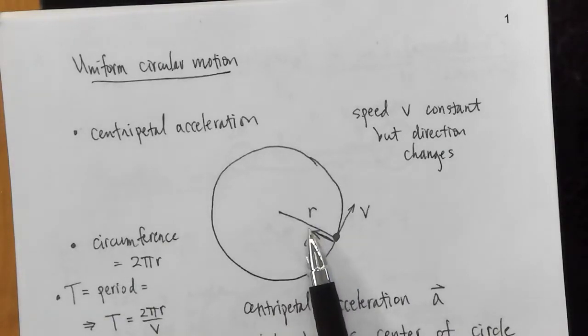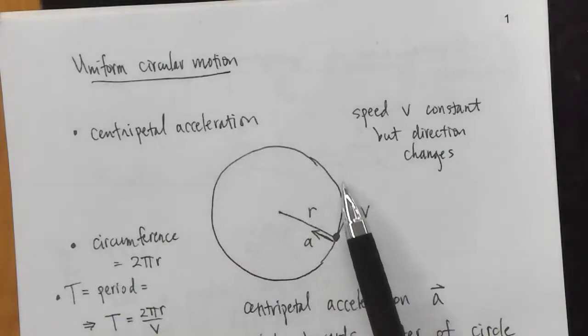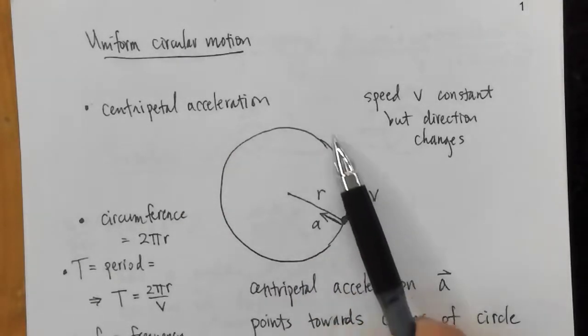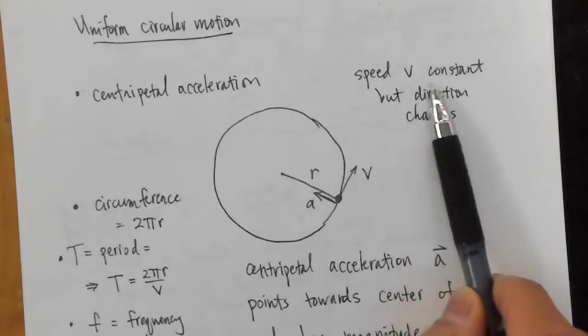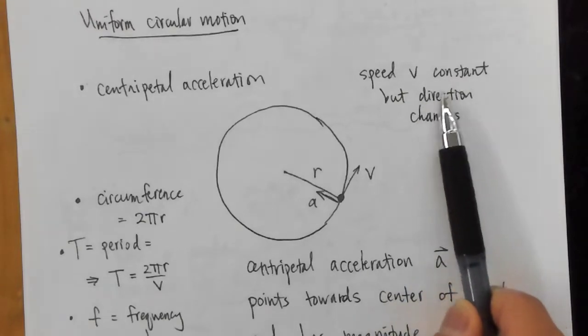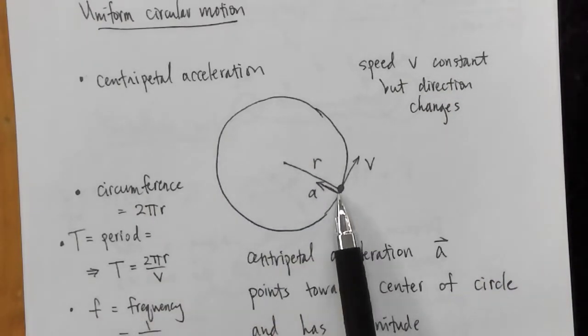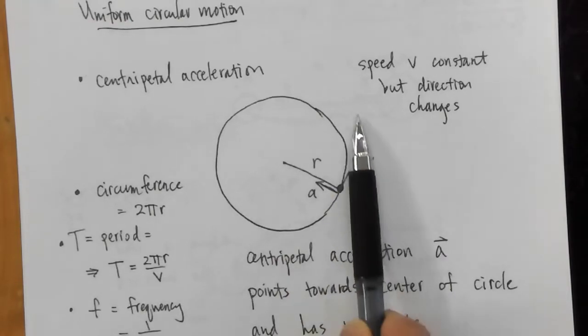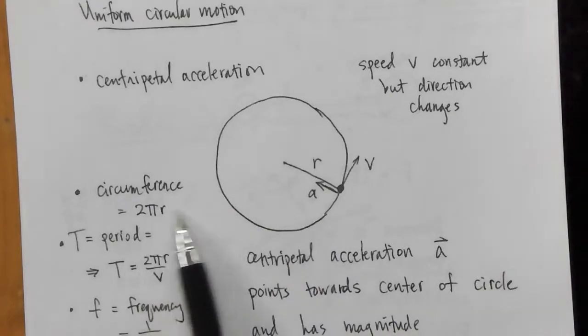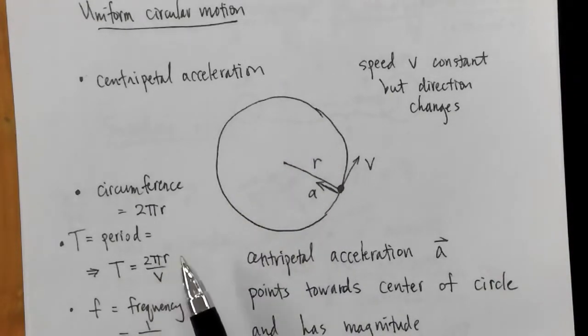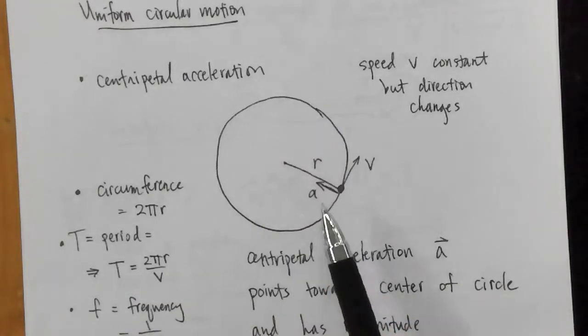That's the acceleration needed to go with uniform circular motion with speed v around a circle of radius r. The speed v is constant, but the direction changes. The circumference going around is 2 pi r. So if you want to calculate the period to go around one circle, the distance is 2 pi r divided by the speed. Distance divided by speed is the time. So that's how you can calculate the period.